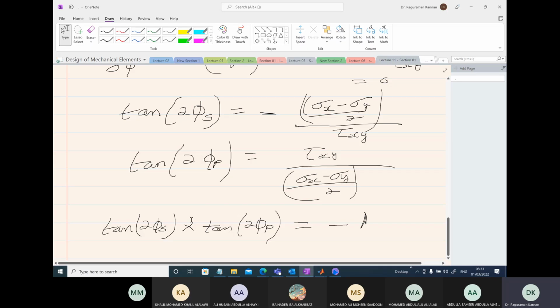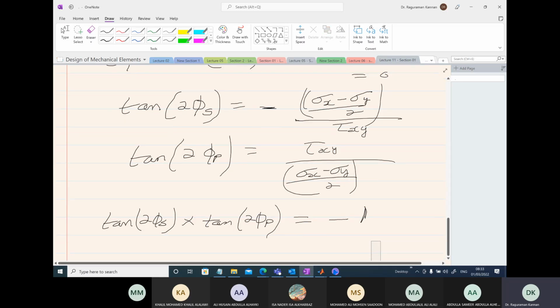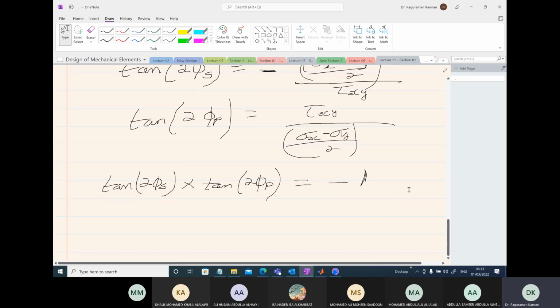You will get this kind of relationship if the angle 2 phi s is perpendicular to the angle 2 phi p. Only in this case will you get the product as 1 or negative 1.